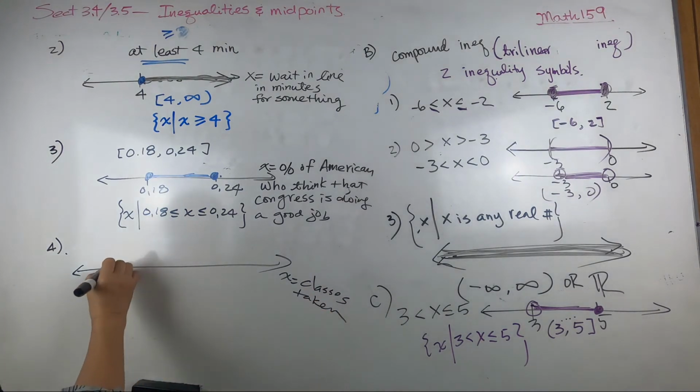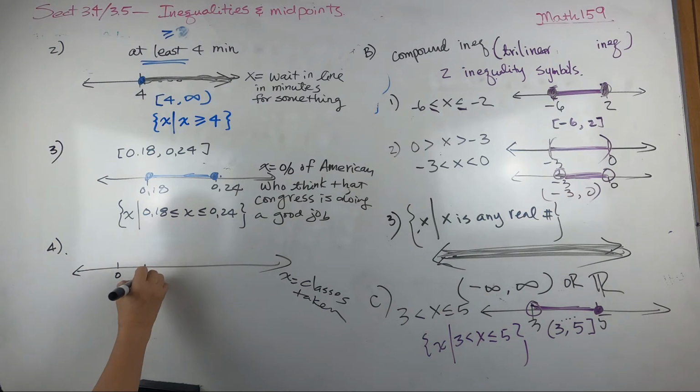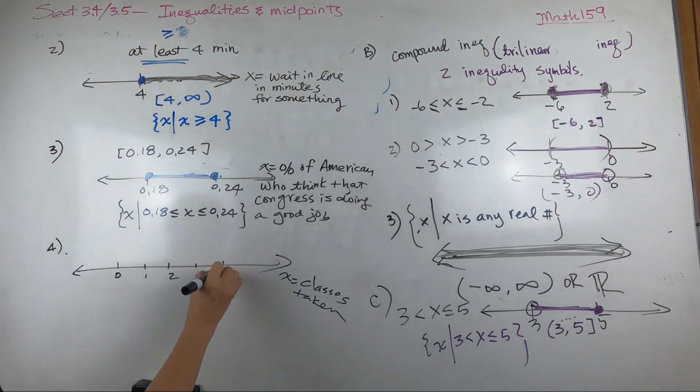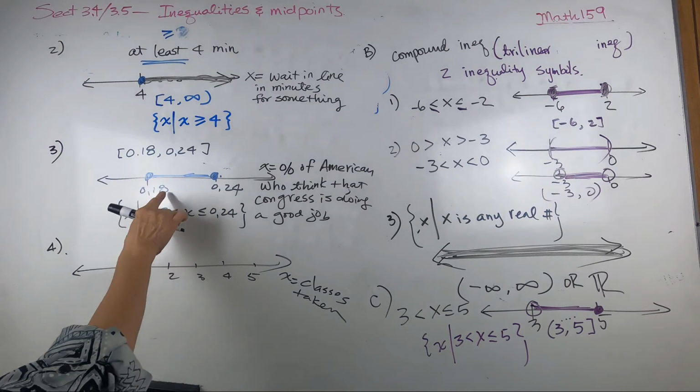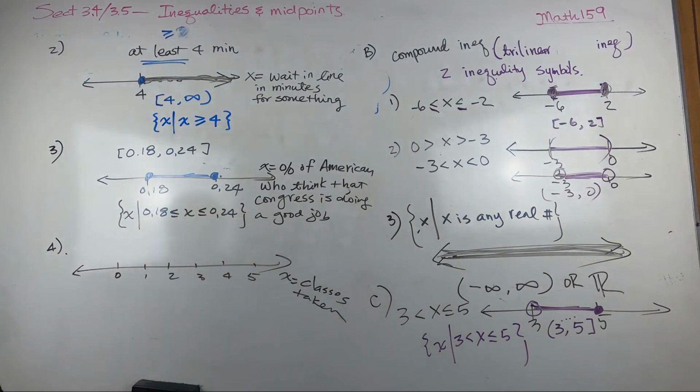So the student can take what? 0 classes, or 1, or 2, or 3, or 4, or 5, or 6, right? But they are not 0.1, 0.2. It's not like everything in between. So they are separate numbers, whole numbers, right?